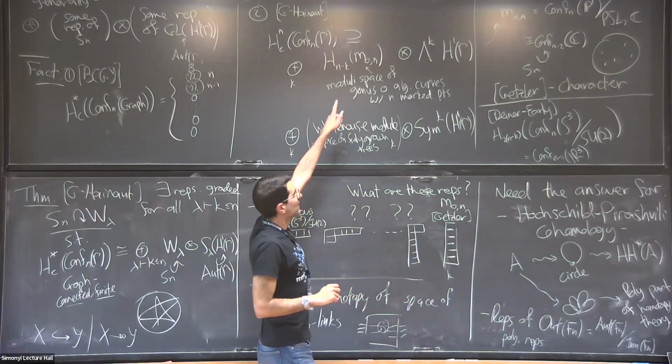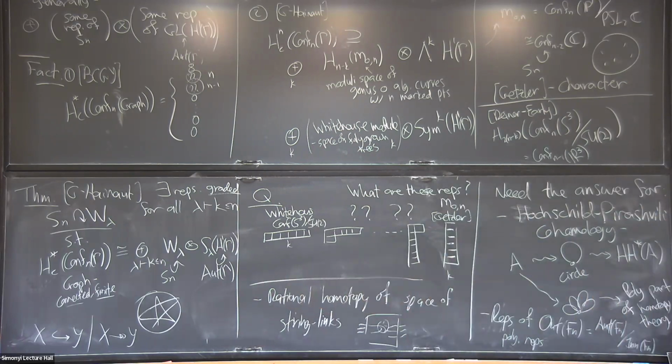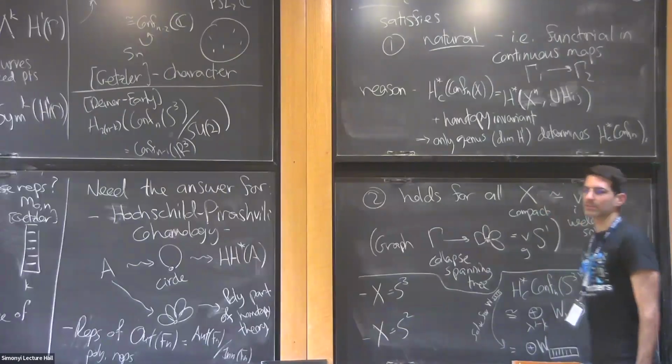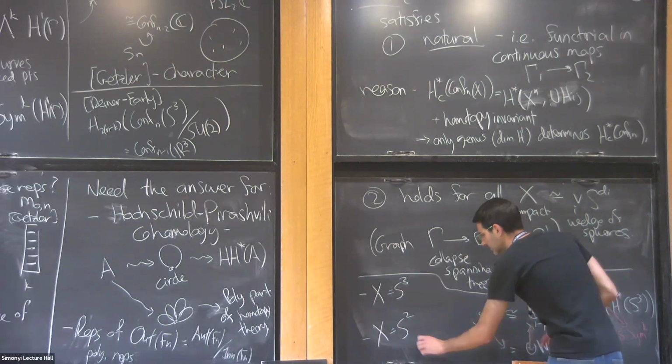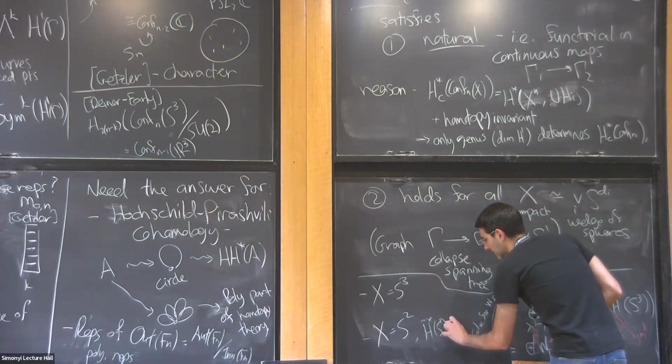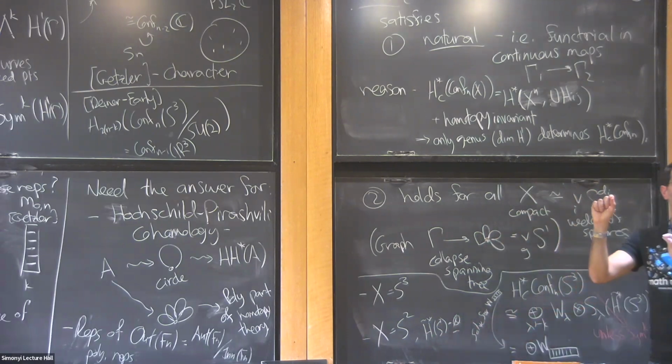And then to get the M0n, maybe you can guess what happens. You take X to be a 2-sphere. And in that case, what happens is sort of interesting. So now the cohomology of the 2-sphere is again just one-dimensional, but now it has a different degree from graphs. So graphs have homology in degree 1. So the way they commute past each other is like an odd dimensional vector space.